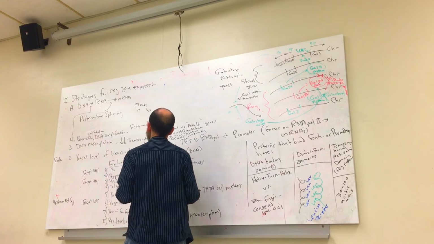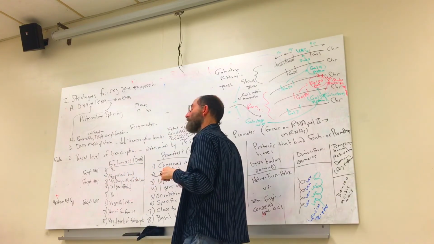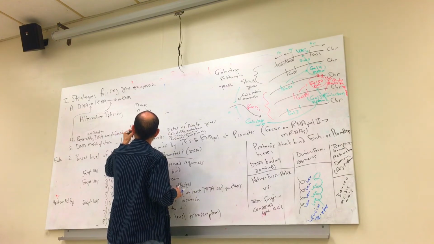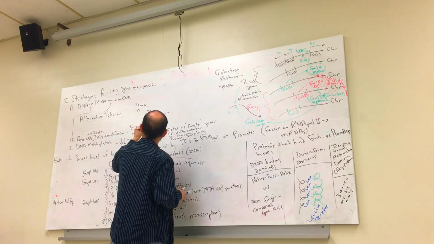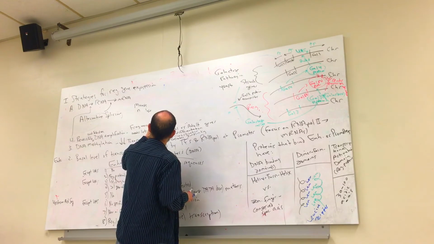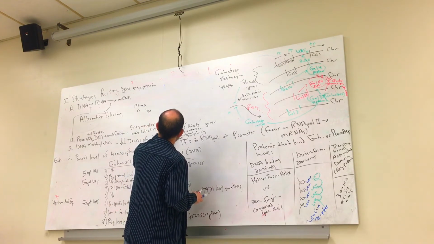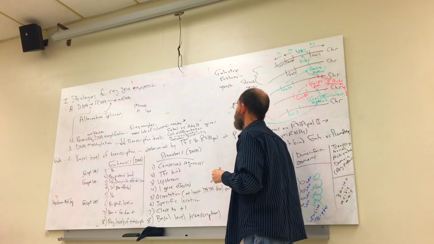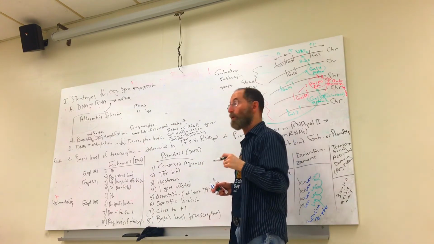And it has to do with the fact that at a certain stage of development, they need lots of ribosomes. And so they will produce lots of ribosomal RNA.